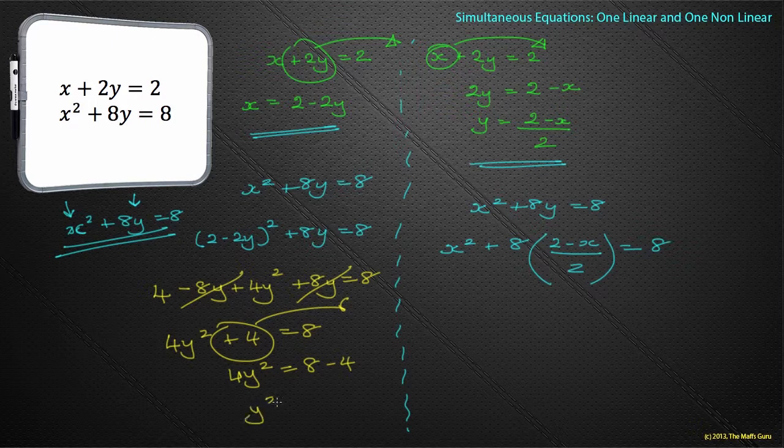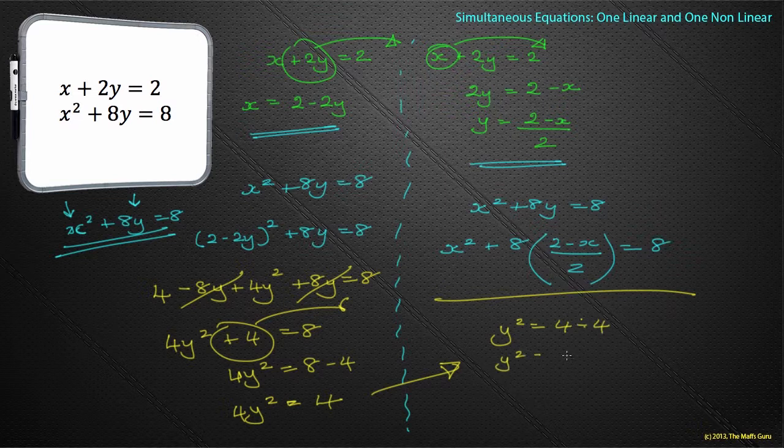So 4y squared is equal to 4, and just moving over here and using a bit of this space, that gives me that y squared is equal to 4 divided by 4. Y squared is equal to 1, which gives me y is equal to plus or minus 1.